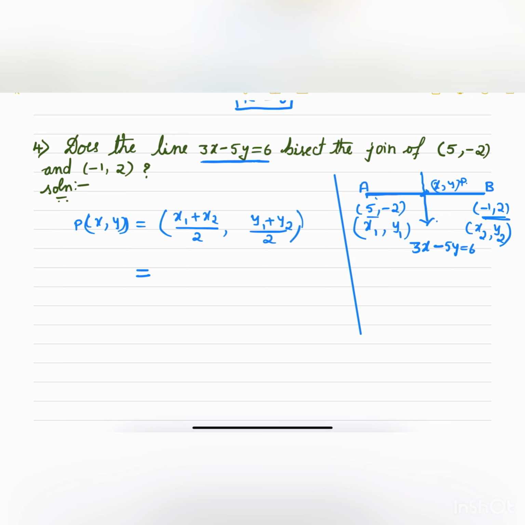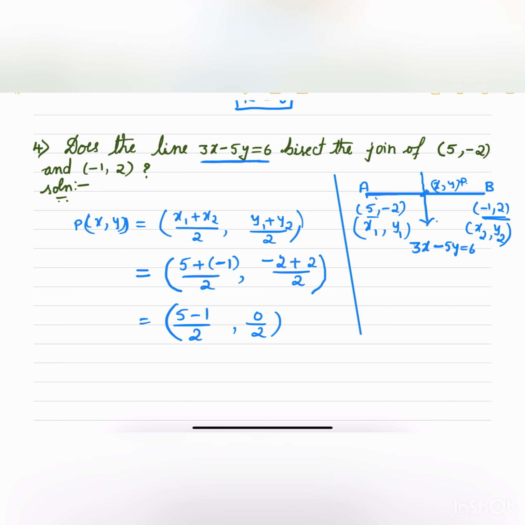So if we start substituting those values, x1 is 5 and x2 is minus 1, and y1 is minus 2 plus y2 is 2, by 2. Now this is (5 minus 1)/2, comma 0/2, since minus 2 plus 2 is 0.